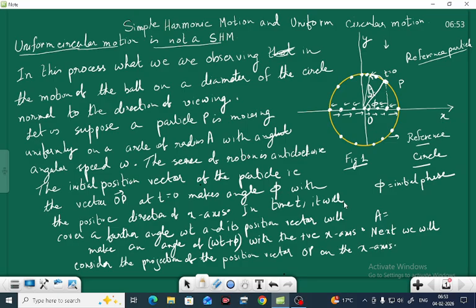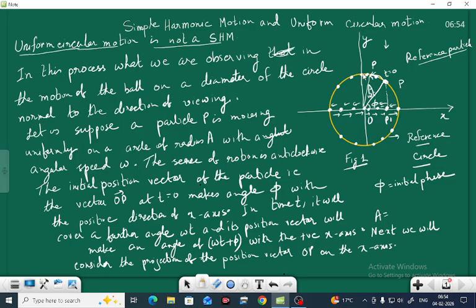This is the projection, right? This will be OP dash. Suppose this is the projection vector and we get its value as OP dash. So we are projecting this particle P, and this will be P dash.